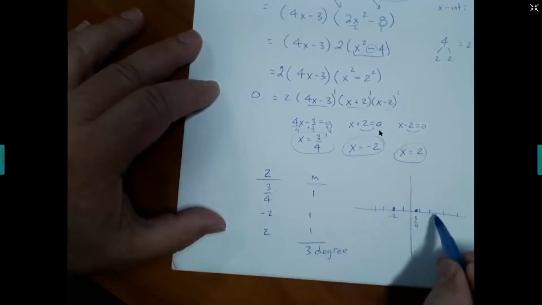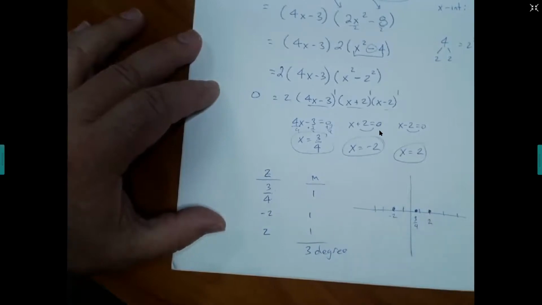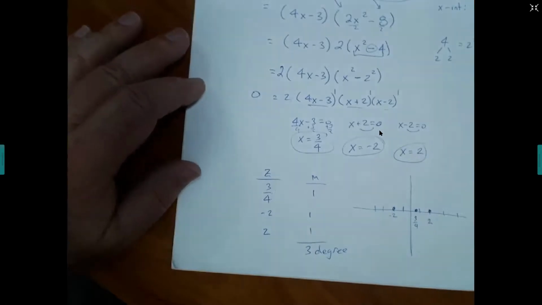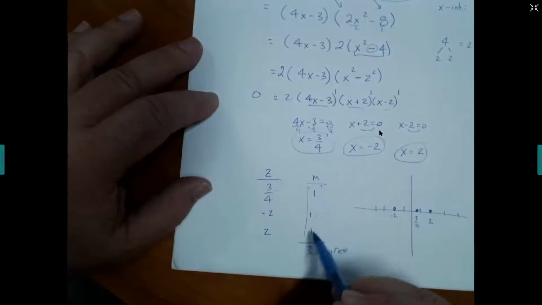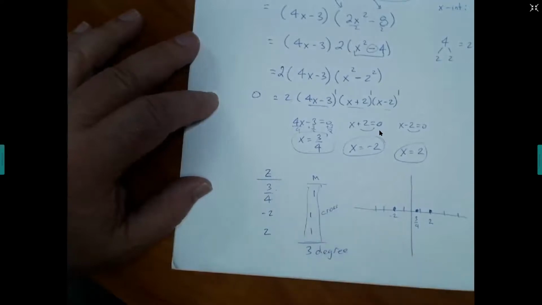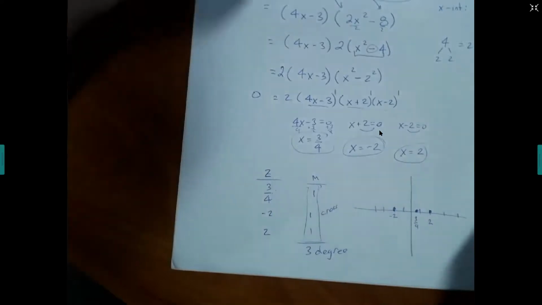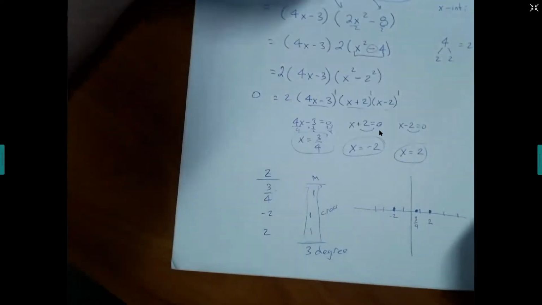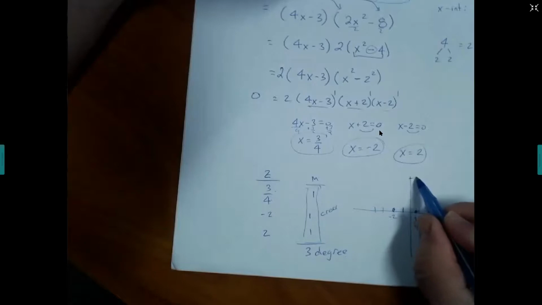And there's one at 2. And since they're all odd multiplicities, the line crosses at each one. And we also know that it crosses at positive 24 in the y-axis.